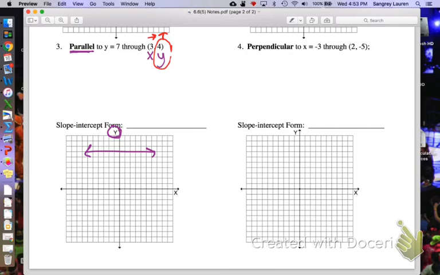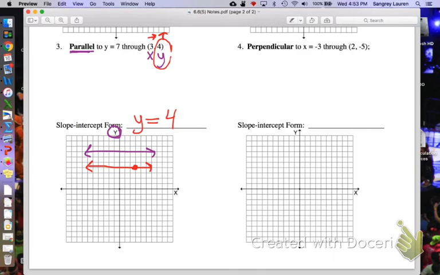So I'm going to the right 3 and up 1, 2, 3, 4. That's the point that our new line has to go through, but it needs to be parallel to the one we already drew. So it has to go through the y-axis at 4, which means this equation is going to be y equals 4.